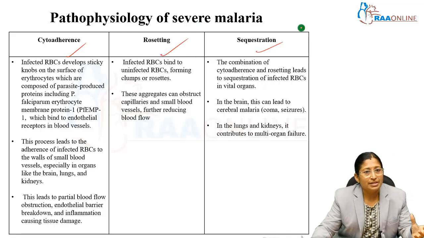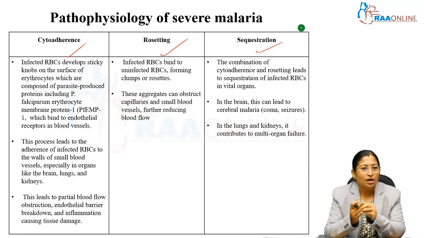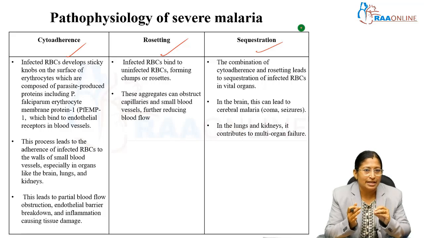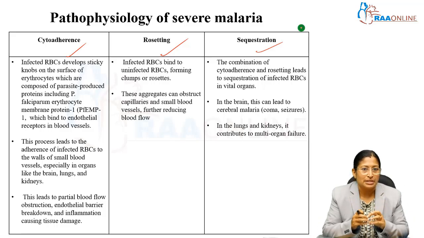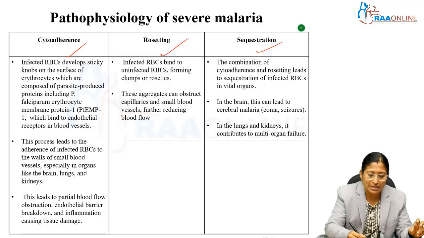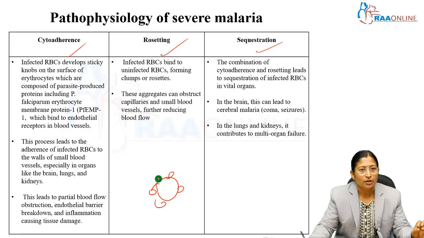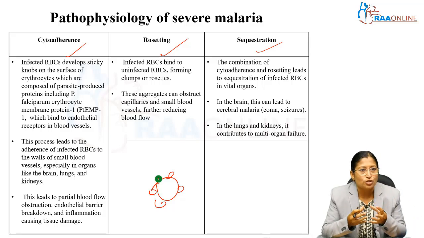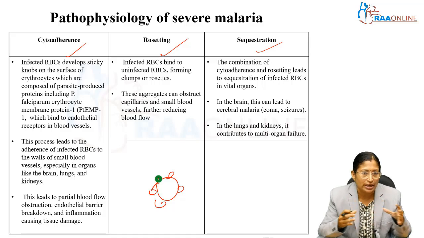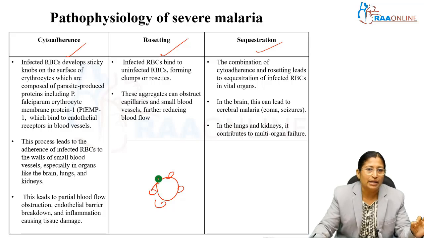Now what do you understand by cytoadherence? As the name shows, infected RBCs adhere to the endothelial cells of the smaller blood vessels. How do they adhere? Once the organism is within the RBC, these RBCs develop sticky knobs on the surface, which are composed of parasite-produced proteins, especially Plasmodium falciparum erythrocyte membrane protein 1.